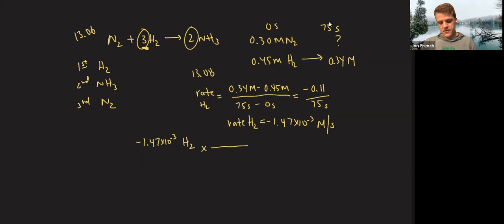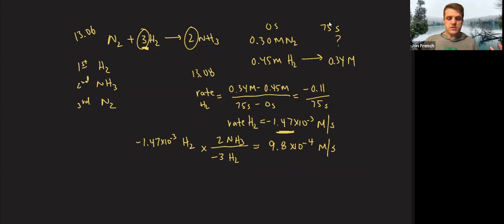I know for every 3 hydrogen that are used in the reaction, I'm going to make 2 ammonia. And I need that negative to cancel out because ammonia is being produced. Ammonia should be positive. So I'm going to multiply that by 2 over 3 to get that the rate of the reaction for ammonia is like 9.8 times 10 to the minus 4 molar per second.